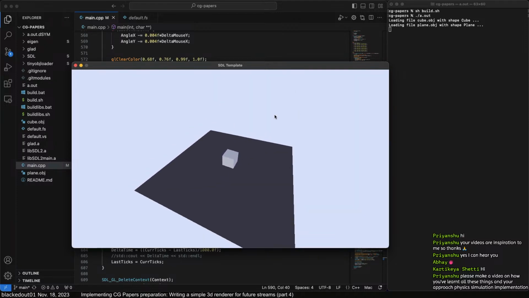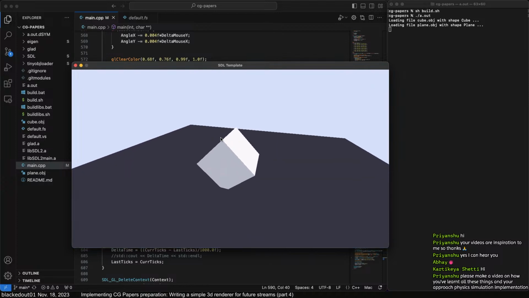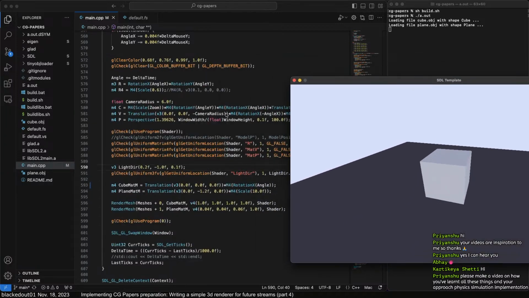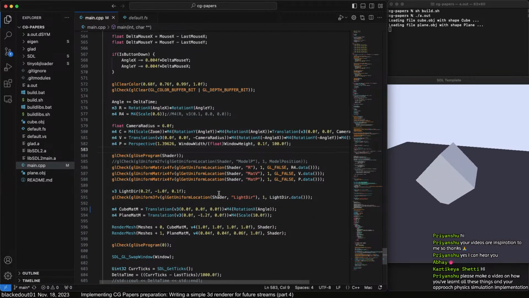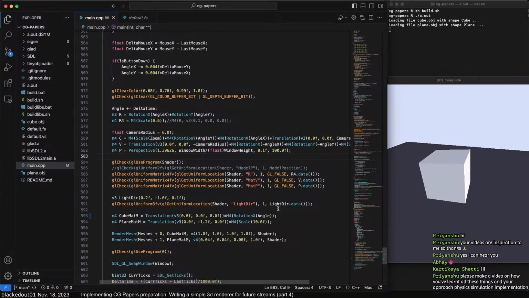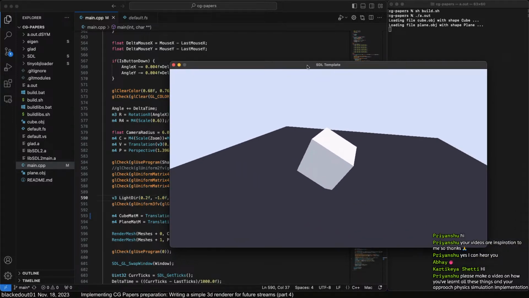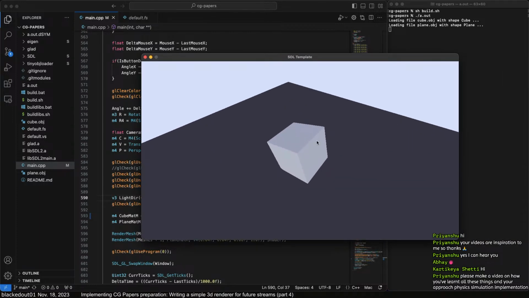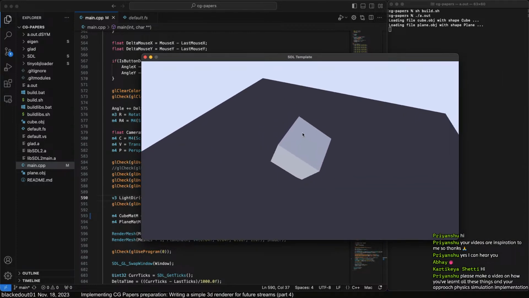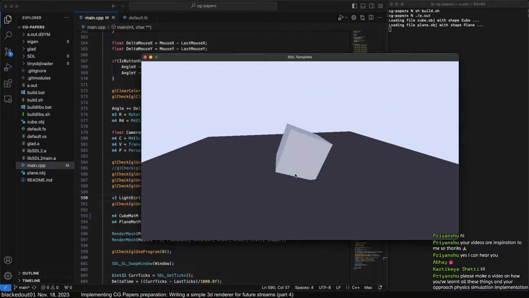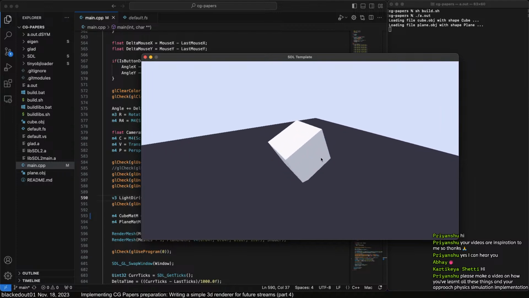So basically the light source here is fixed. The light shines in a constant direction. I think, let's see, where's the light direction? Here, so this is the direction of the light. It points basically downwards and a bit in the X and Z direction. And as you can see, the light should always be bright at the top here, but the lighting basically rotates with the cube, which is obviously not correct.